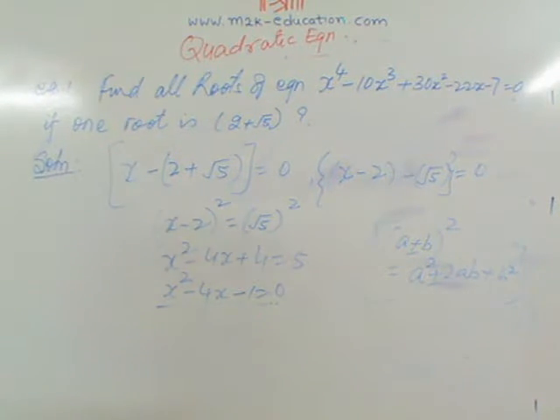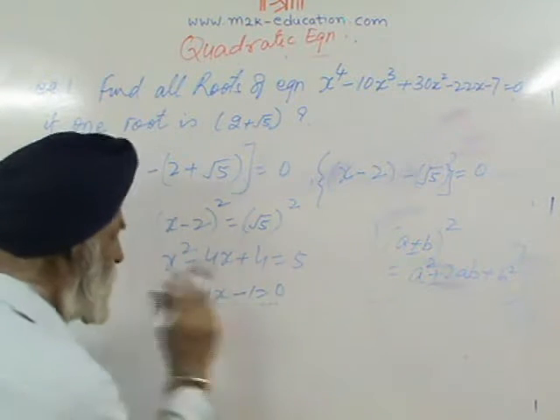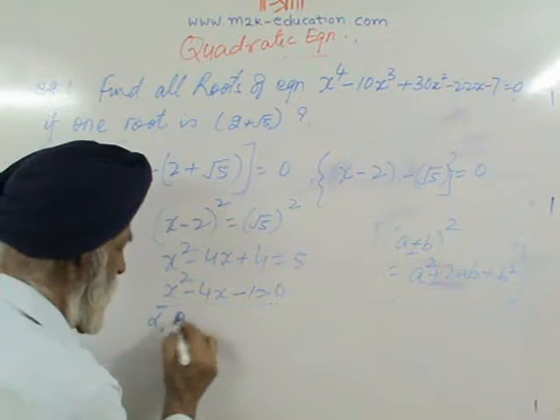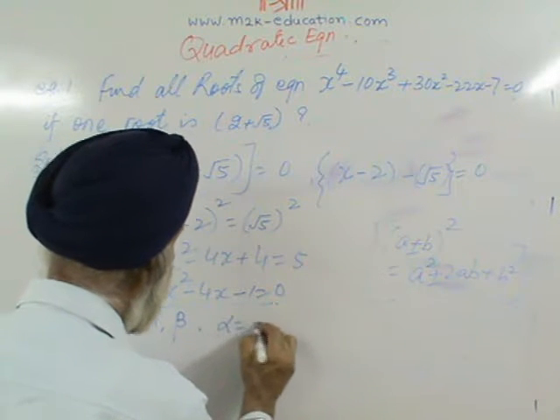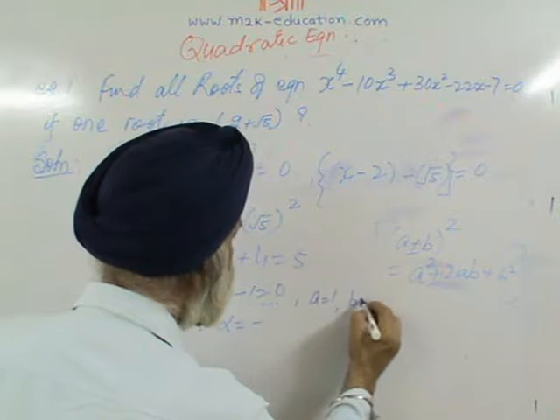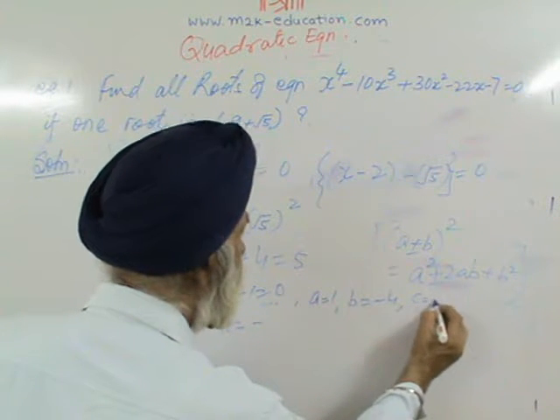Okay, so if I find alpha and beta for this quadratic, here a is 1, b is minus 4 and c is minus 1.